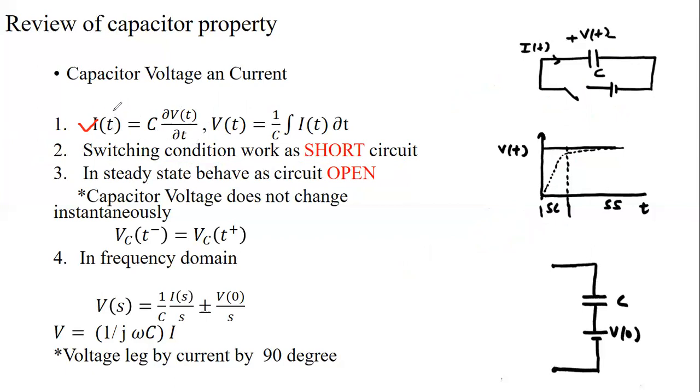If the inductor equation is given, replace I by V, V by I and C by L, and that will give you the relation across the inductor. So that is the first case. Second, in the switching condition, capacitor works as a short circuit while inductor works as an open circuit. While in steady state, capacitor works as an open circuit, and inductor works as a short circuit.